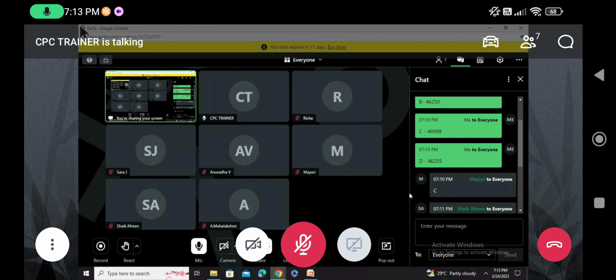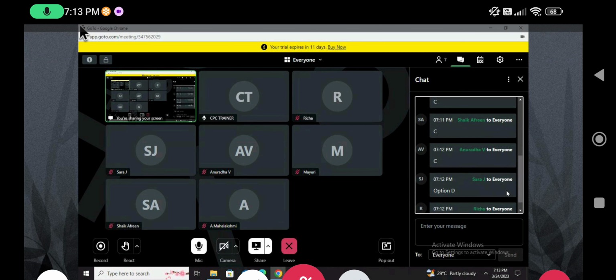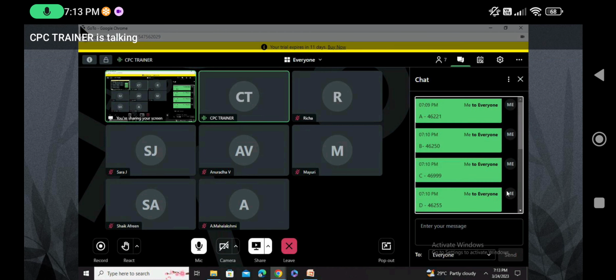Okay, guys. So I hope I'm receiving answers from everyone. I'm receiving two different answers. Some of you have shared option C, and some of you have shared option D. So who are all sending option C? You guys tell me why C is the answer.